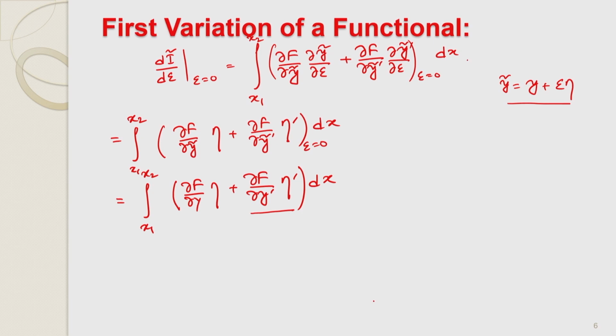Now the necessary condition is that this first variation has to be equal to 0, and we have arbitrary eta(x), that is we can choose any eta(x). It should satisfy that at x1 and x2 it should be 0, because y is specified at x1 and x2. So, this term we can do integration by parts.